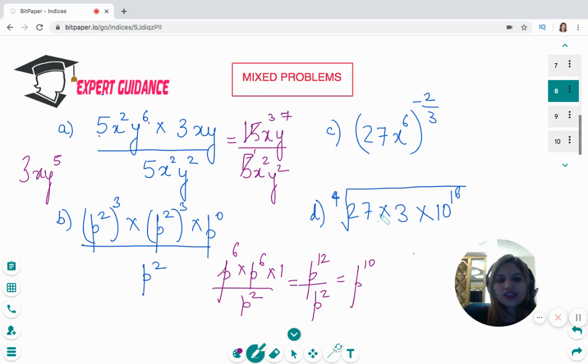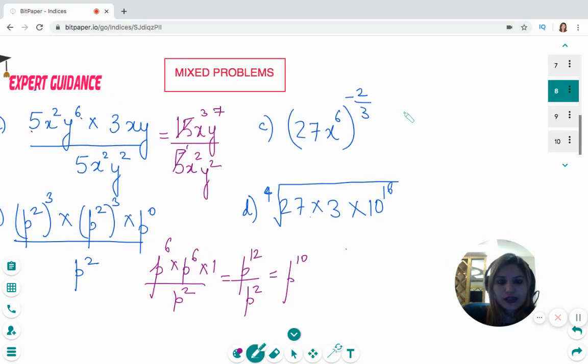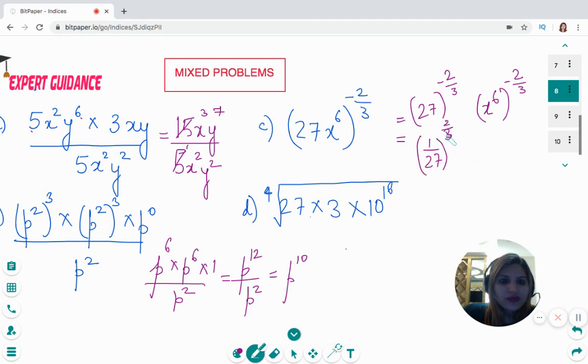Okay. Now let's do the C part. Now C part is 27 to the power minus 2 over 3 times x to the power 6 to the power minus 2 over 3. Now 27, first we'll convert it into a positive power. It will become 2 over 3, which means you will find the cube root of 27 and then you will square it.